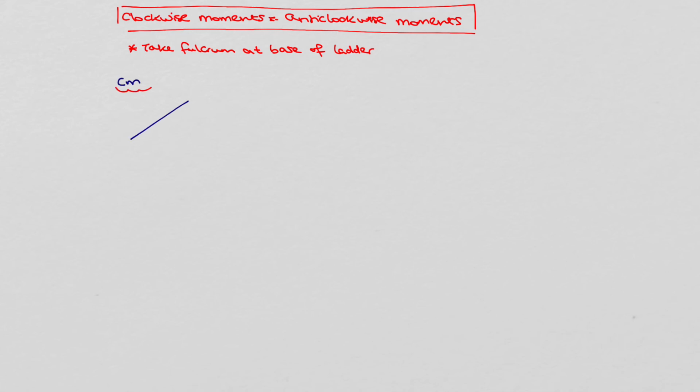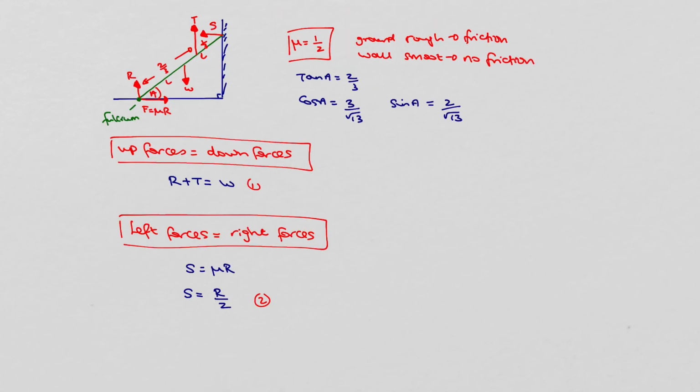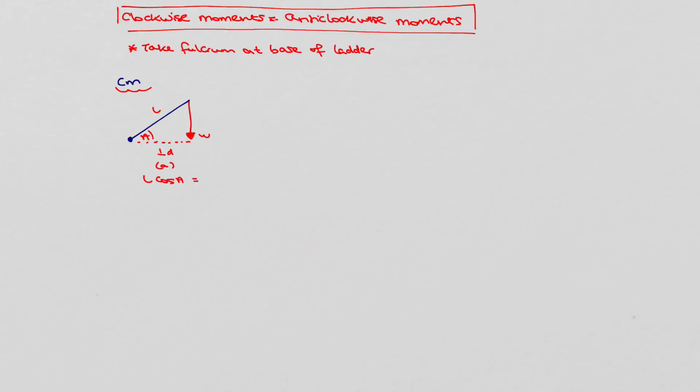So again, if I mark in my fulcrum, and then I have my weight acting down, well then my perpendicular distance is the same as before, where we're going to have the adjacent side. So it's going to be L cos A. And of course, cos A we said was 3/√13. So that's 3L/√13 for our perpendicular distance.